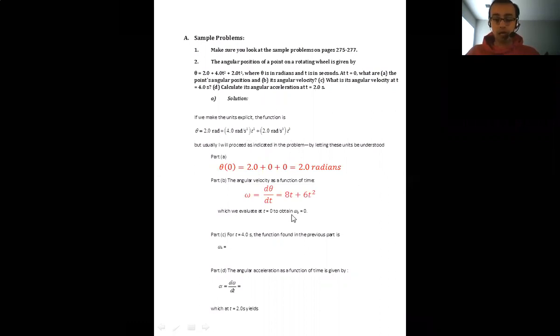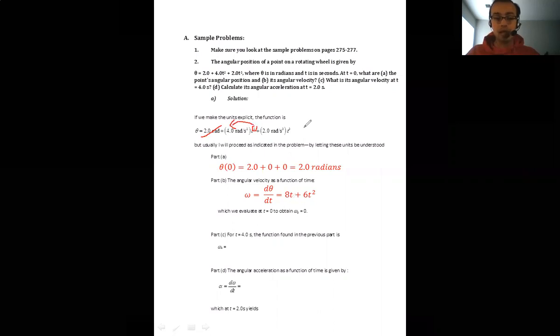The angular velocity is simply going to be given by the first derivative of this position function. So omega equals d theta by dt. In the first derivative, this is a constant, so it drops out. The t squared is multiplied by 4, so we have 8t, and for t cubed, the 3 comes over, so 3 times 2 is 6t squared.